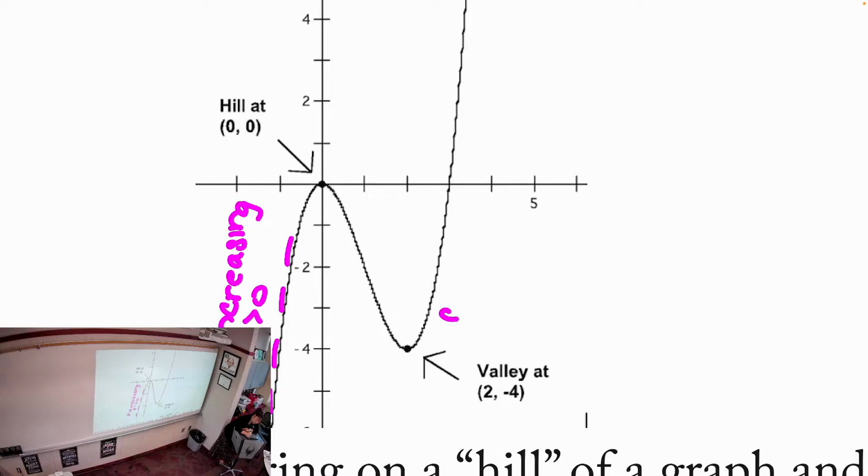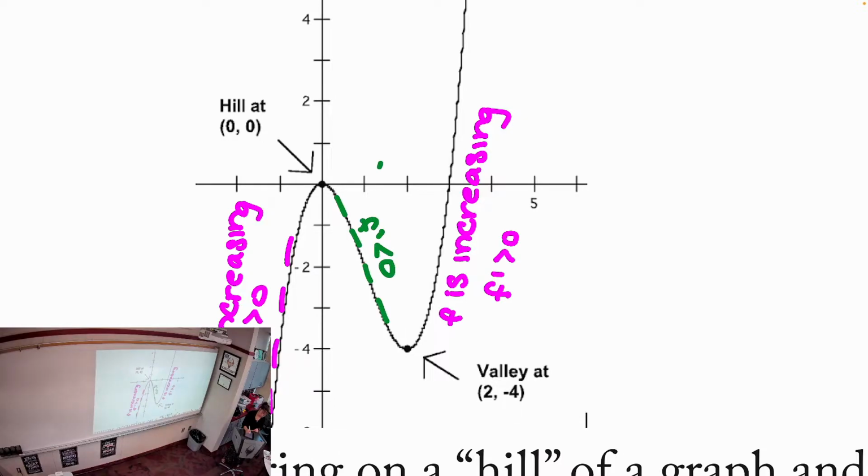It is also increasing on this side, again because f prime is bigger than 0. Here the slopes of my tangent lines are negative, so f prime is less than 0, so f is decreasing.